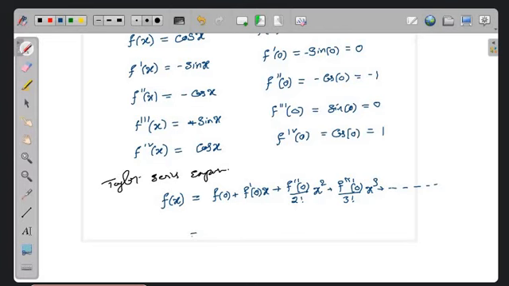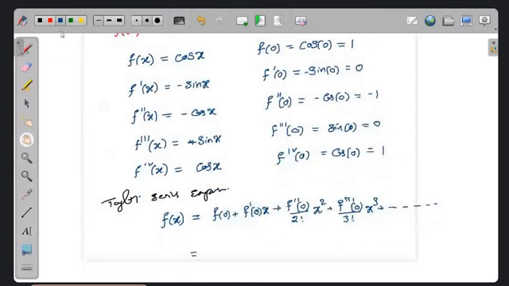Okay, so we substitute it. f of 0, it means what is f of 0 here? 1. That is 1. Okay.